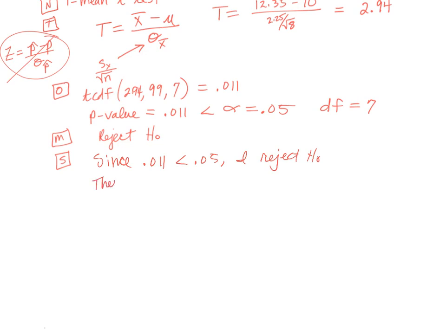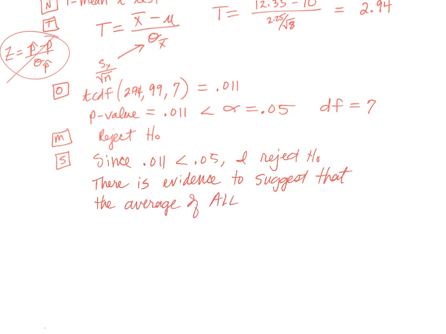There is evidence to suggest that the average of all Andre's tips is greater than $10. So yeah, I would say the IRS would be able to audit him and fine him.